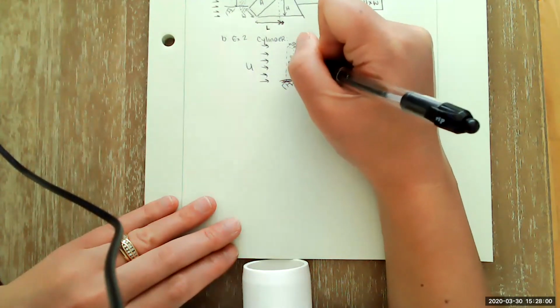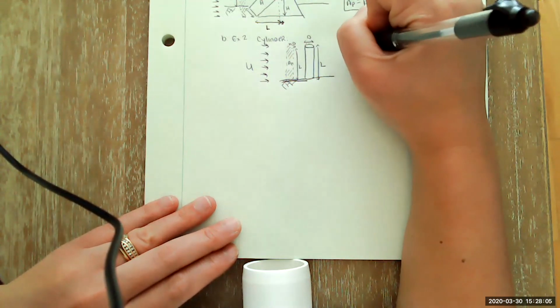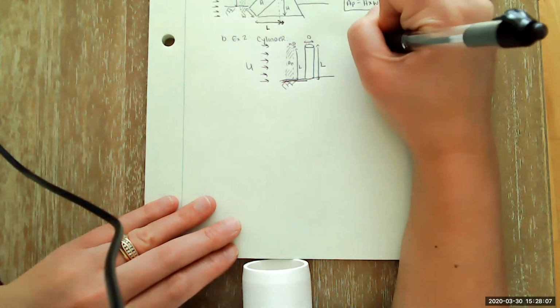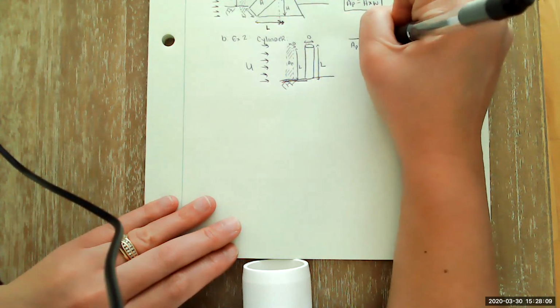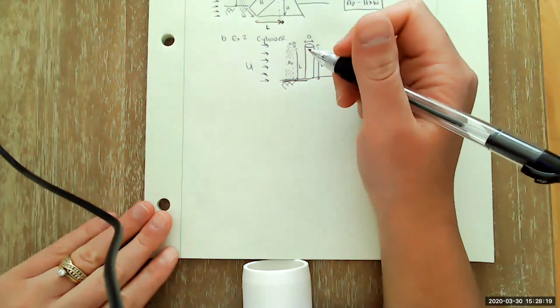So this will be my projected area, which is equal to D times L. And that's the face of the pile, or the portion of the pile that's getting exposed to the wind force.